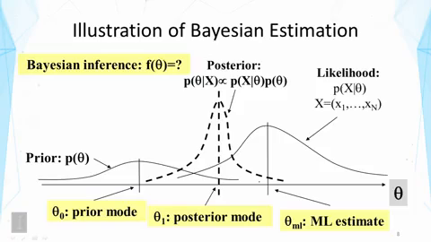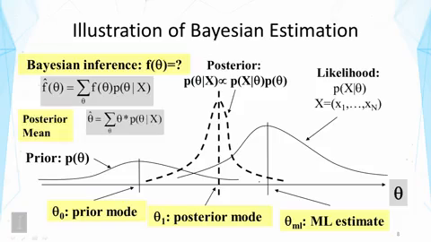I showed f of theta here as an interesting variable that we want to compute. But in order to compute this value, we need to know the value of theta. In Bayesian inference, we treat theta as an uncertain variable, so we think about all the possible values of theta. Therefore, we can estimate the value of this function f as the expected value of f according to the posterior distribution of theta, given the observed evidence x.